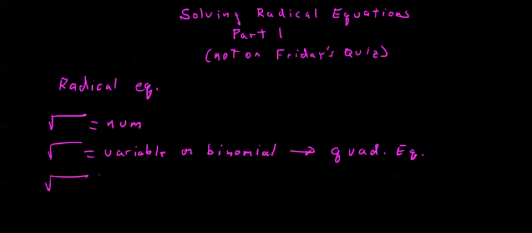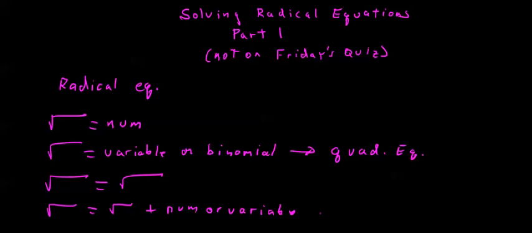And some will look like a square root equals a square root, and others will be a square root equals a square root plus a number or variable. These are the most complex right here, and we won't be looking at them right away. But the others are relatively simple.